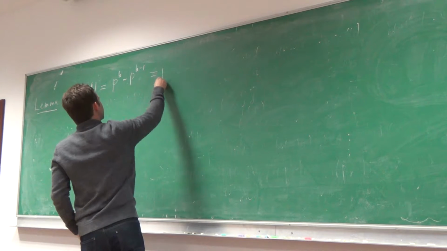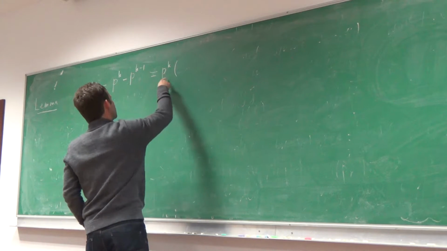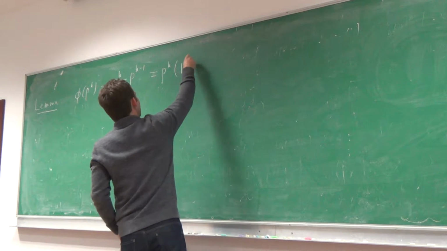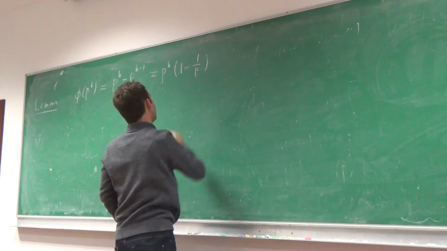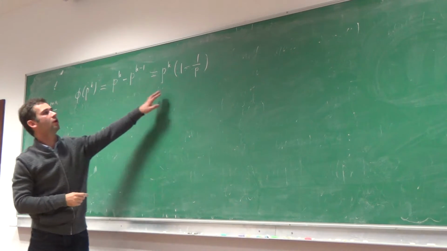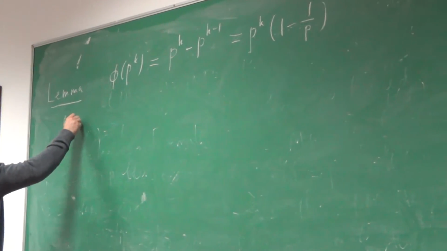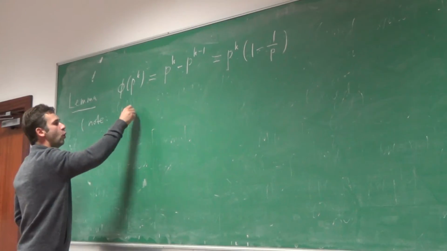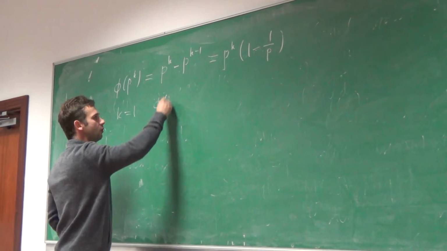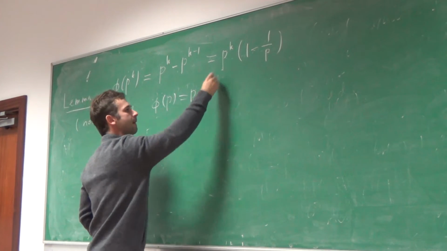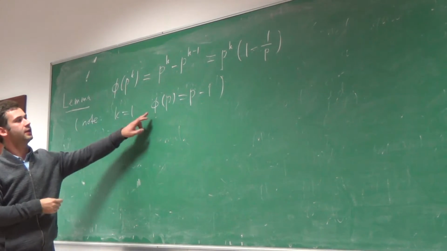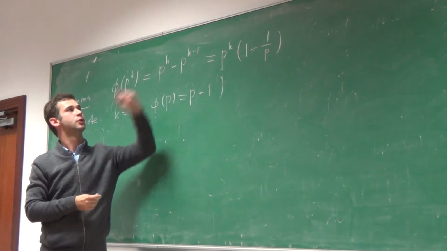Sometimes we can write it like this, as a fraction of p to the k. Note that when k is equal to 1, what we get is what we know already: a particular case of this is p minus 1.